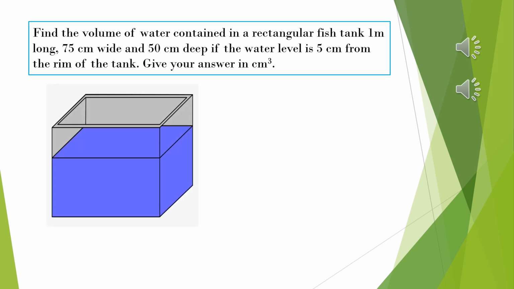So, fish tank 1 meter long. We will convert that into centimeters because we're going to answer in cubic centimeters. So 1 meter is equal to 100 centimeters.